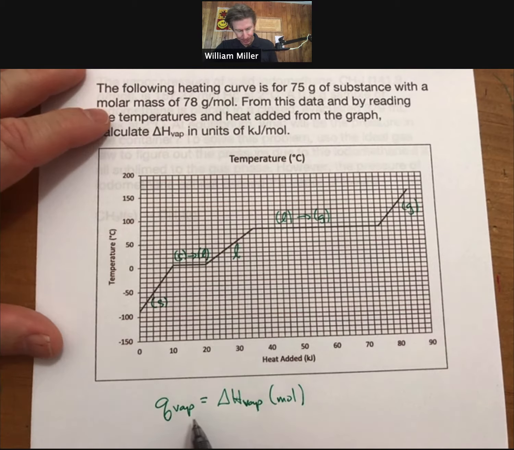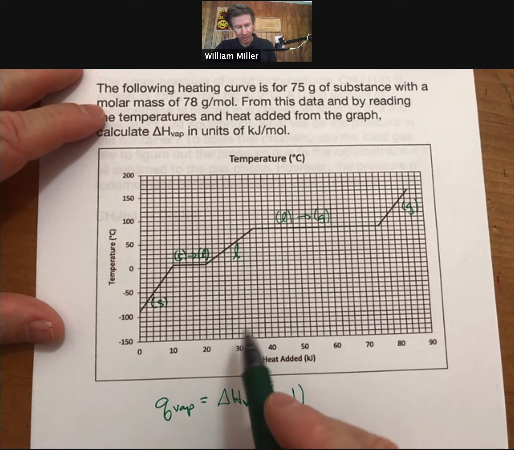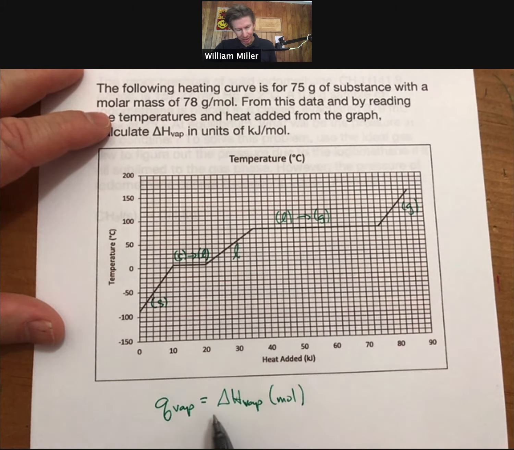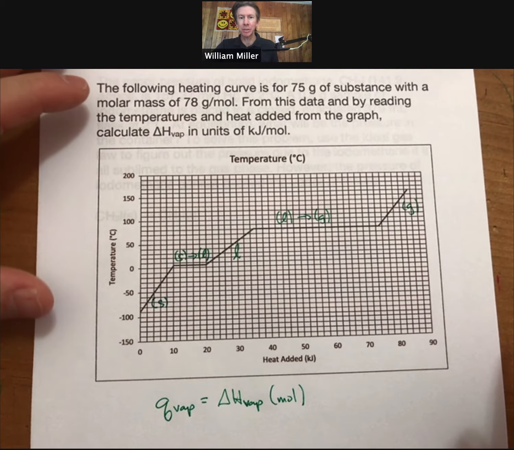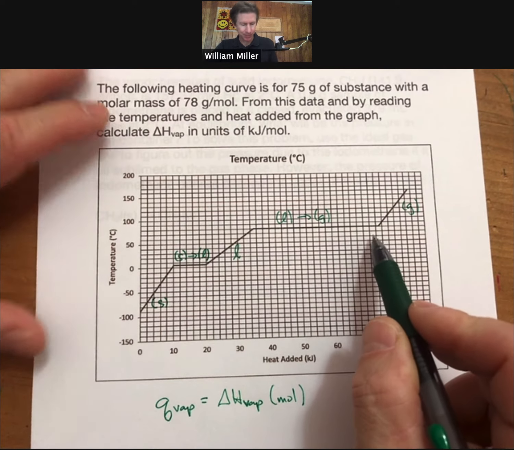Now, this is a coffee cup calorimeter style equation, and we're using it for this heating curve. And we know that it's a delta H vap or reaction type and not a temperature change one, because we can see that the temperature is not changing here.